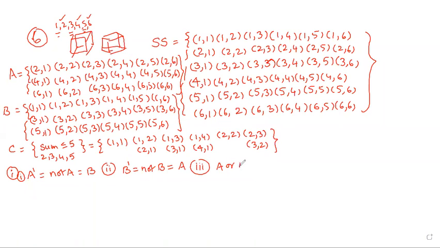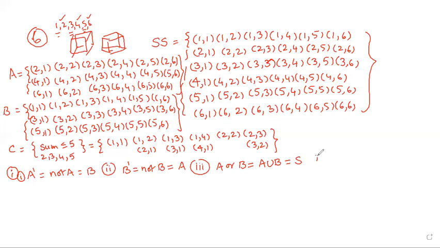A or B means A union B. A is the even numbers, B is the odd numbers, total is the sample space. That's enough. Okay? So total is the sample space.